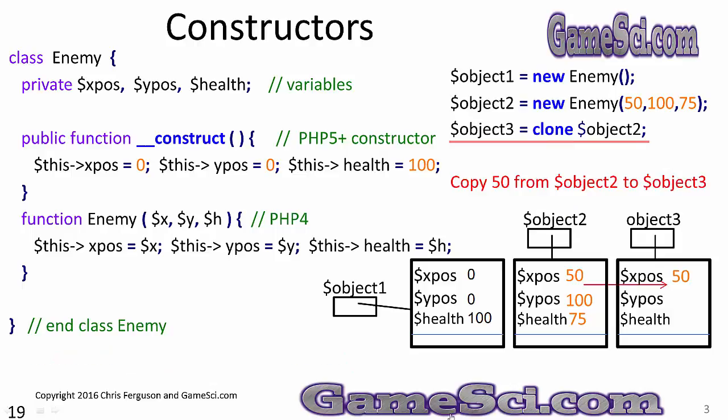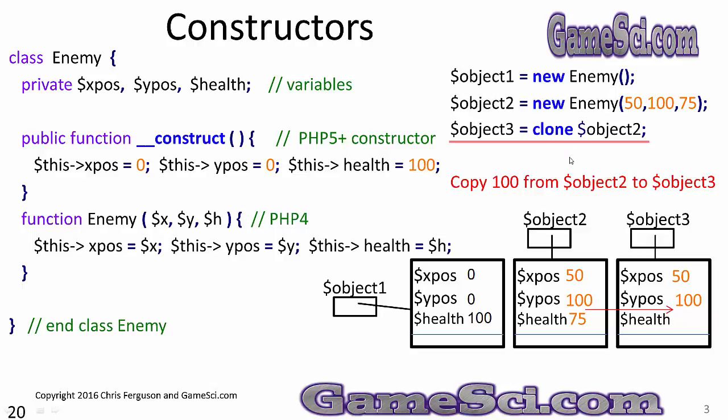I'm breaking this out into steps. Clone is doing all this work, but I kind of want to show you all it does. We're cloning object2, so after allocating space for object3, we are going to move X position over from object2 to object3's variable. We're going to move Y position from object2 to Y position of object3. Again, all of this is happening through the clone command.